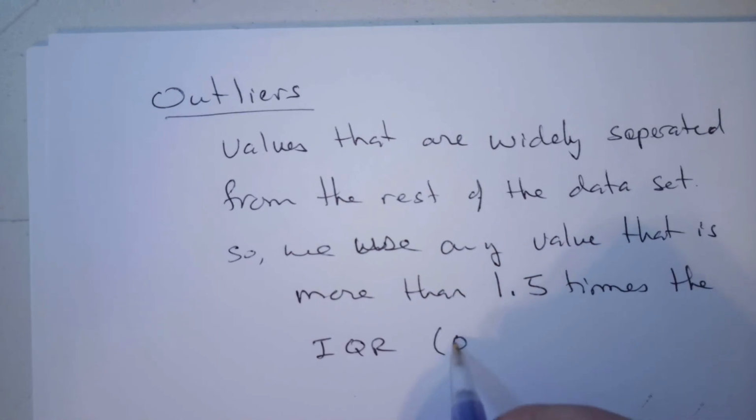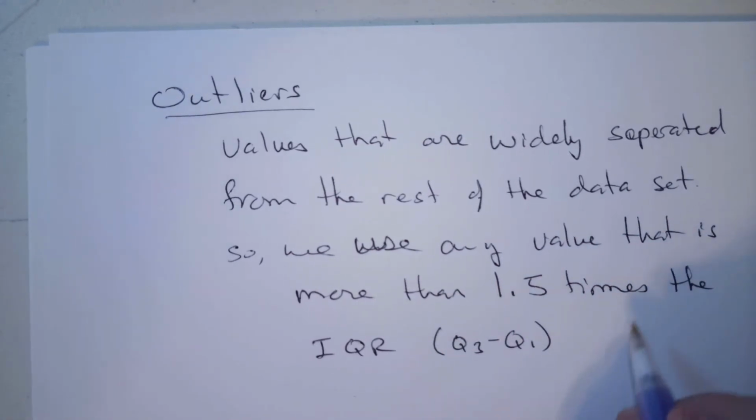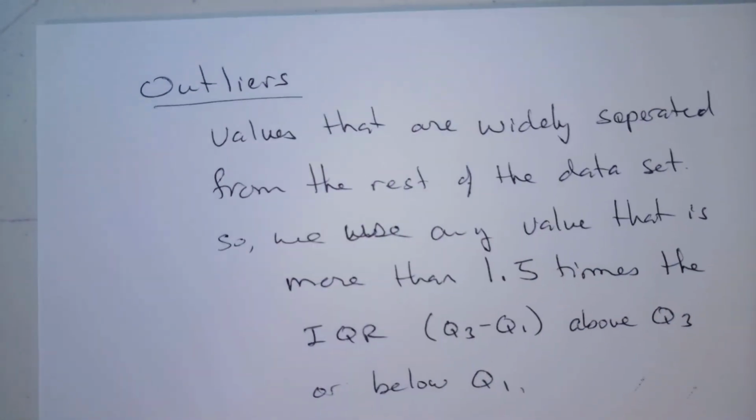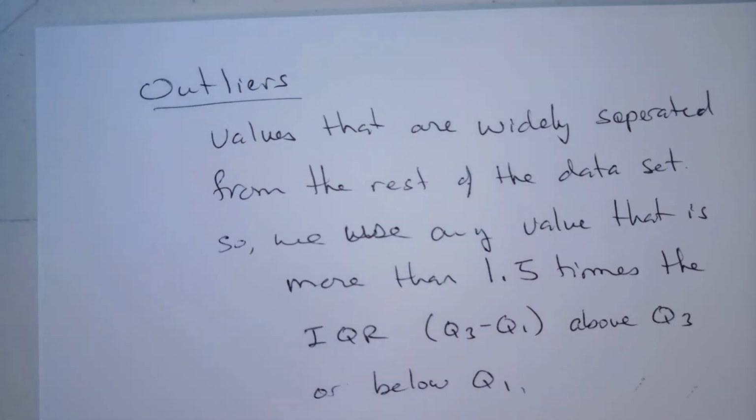Remember, IQR is Q3 minus Q1, above Q3 or below Q1. So let's look at this example.